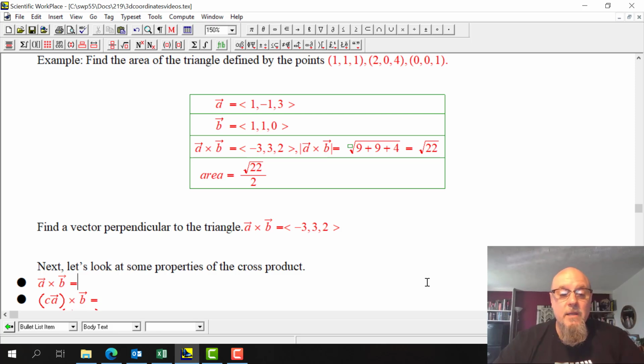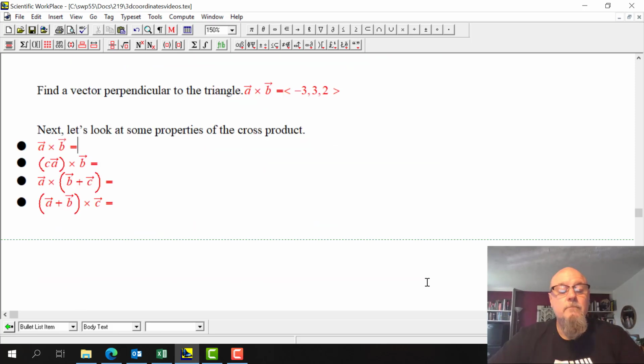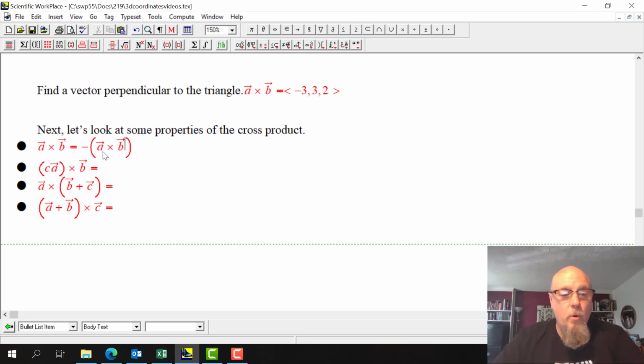The first property: A cross B is equal to the negative, B cross A. We already talked about why that should be the case. Each one of these properties I could prove using the component definition by brute force, by just multiplying out left side and right side.